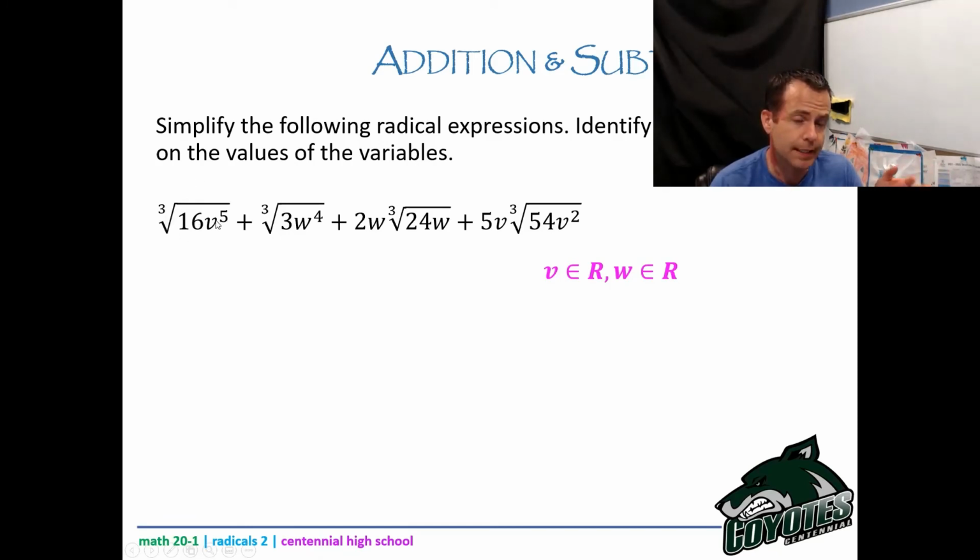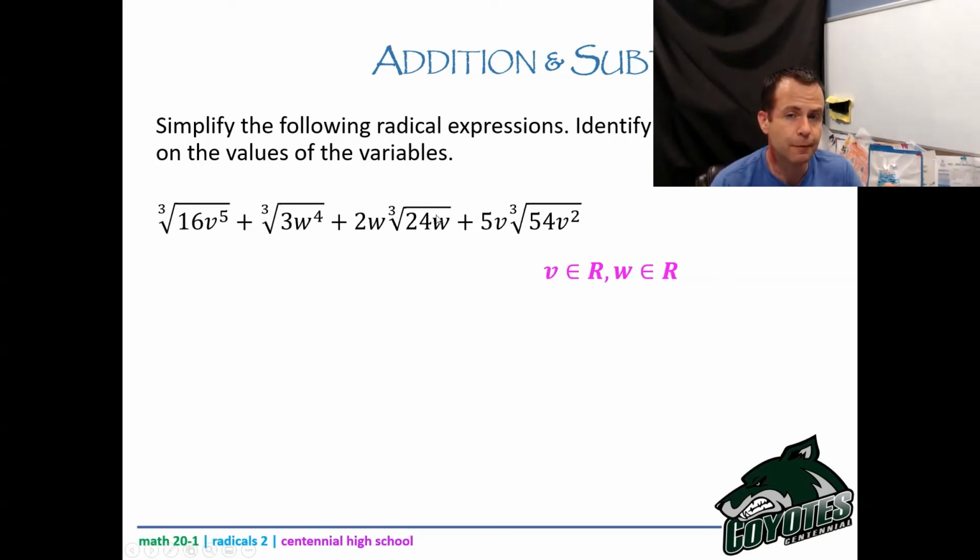For 16v to the 5, sorry, I said perfect square, I meant perfect cube, that was my bad. So I'm going to have the cube root of 8v to the 3 times the cube root of 2v squared. Over here, I can take out w to the 3, so I'll have cube root w to the 3 times cube root 3w.